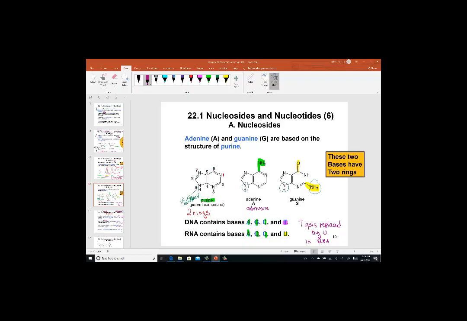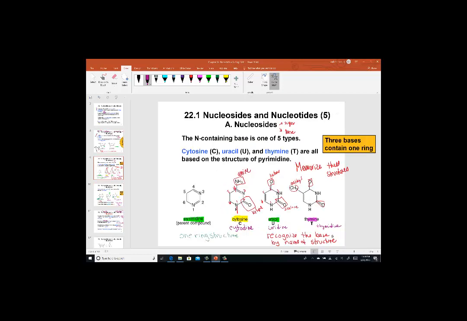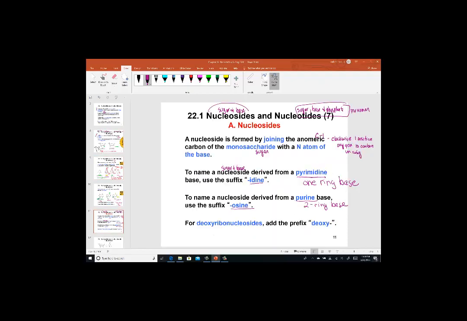Adenosine is how we would name that in a nucleoside. Guanosine is how we would name that as a nucleoside. So the purine parent gets an osine suffix. The pyrimidine parent gets the idine suffix. Those are mouthfuls, I know.